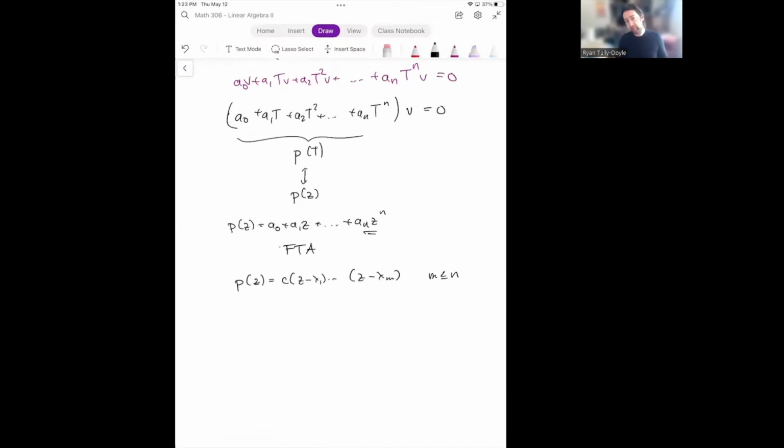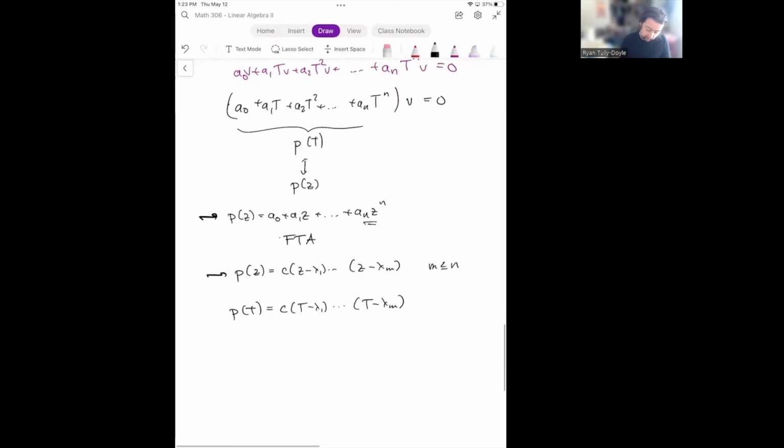So now I've got two different representations of the same polynomial. If this p of z gave us the p of T up there, and this is an equal polynomial, then it's also going to give us the same expression. So another way of writing down the polynomial in T is c times T minus lambda 1 up to T minus lambda m.